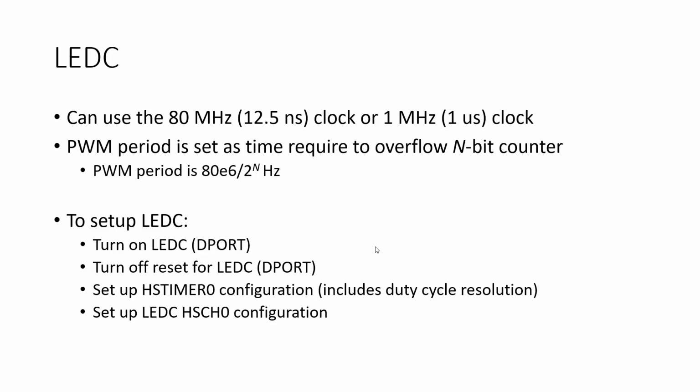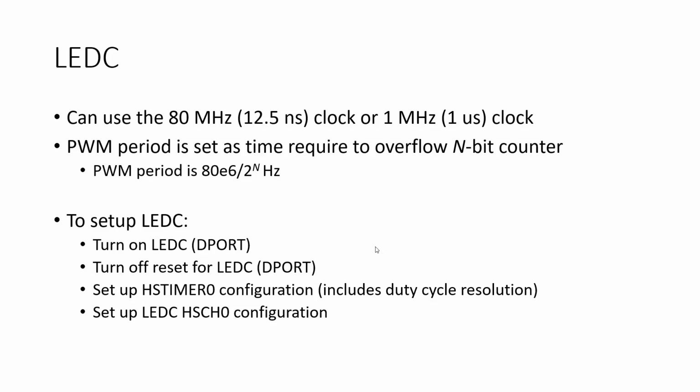Okay, so to set it up, again, you have to use the D port stuff to turn the LEDC module on and then take it out of reset. Now here's the part that's kind of confusing. This confused me. The control registers associated with the LEDs, at least some of them, start with HS timer 0. And you're like, what am I doing? Why am I talking to the HS timer? I wanted to talk to the LEDC.